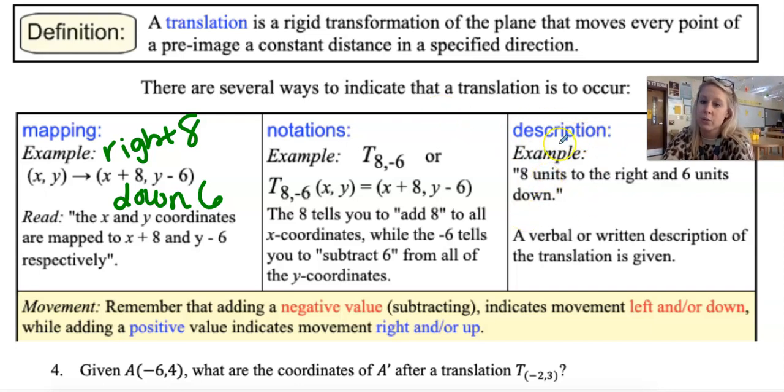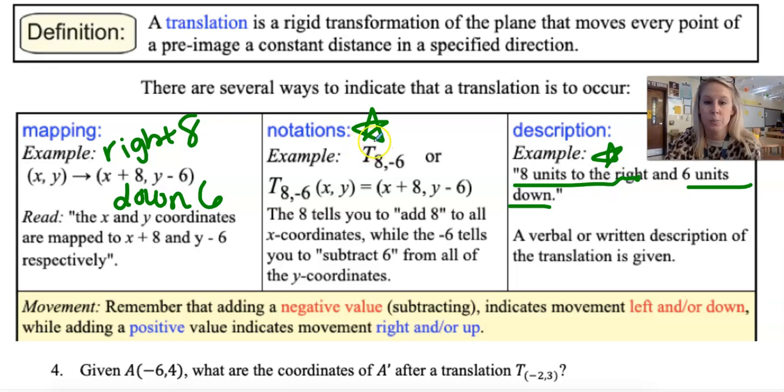You can also write it in words. So let's take a look at this one over here. You can say 8 to the right as well as 6 down, just like the information I pulled from this. Or there is a new way of writing it, the middle one, called T notation. So big T stands for translation over here. You've got 2 numbers with a comma in between.